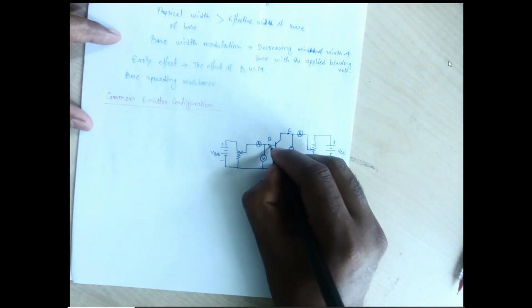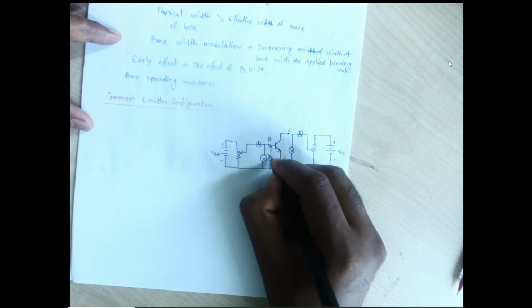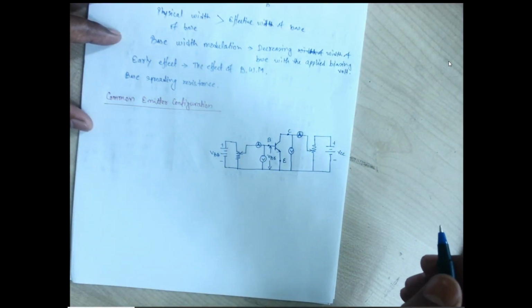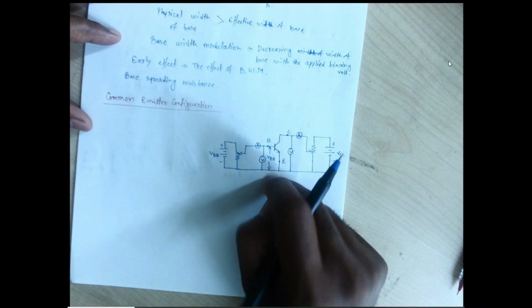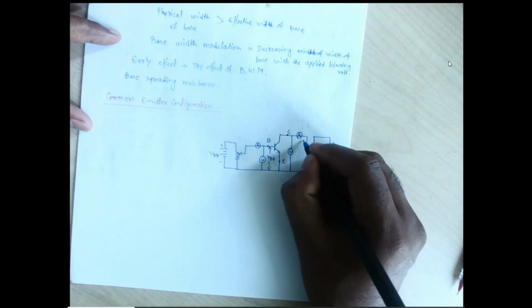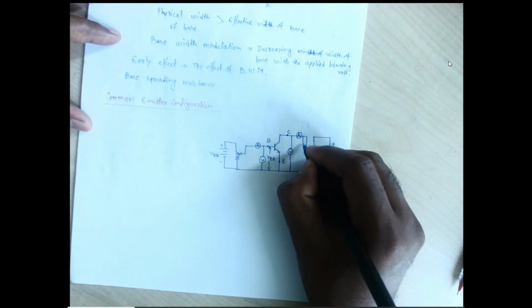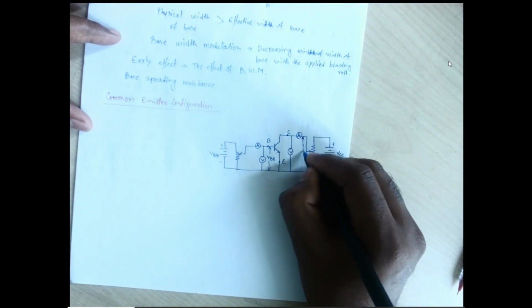This voltage is known as VBB. Here this voltage will be VBE. For the CB configuration we considered VEB, right? Because B was common. For this case we consider VBE, and this voltage is VCE.